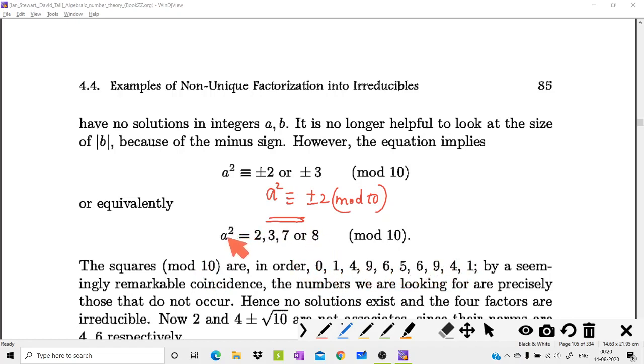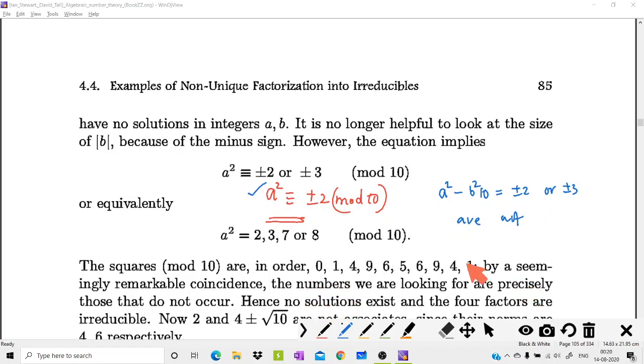That means there is no a which satisfies a square congruent to plus or minus 2 mod 10. That is, a square minus 10 b square equal to plus or minus 2 or plus or minus 3 is not possible. This is the way we prove this theorem.